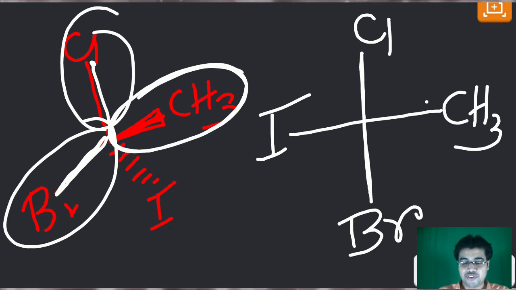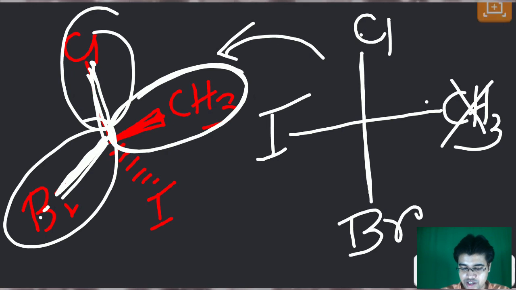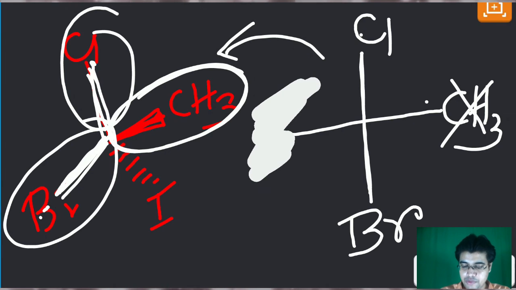So the group which exists in the left side will be the up position. Left position group will be upside.